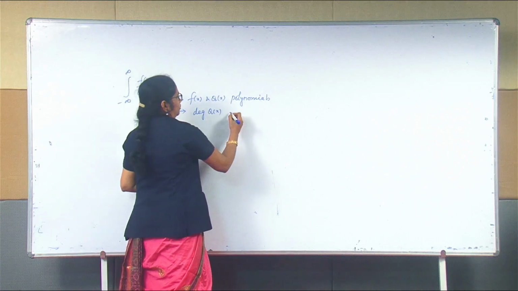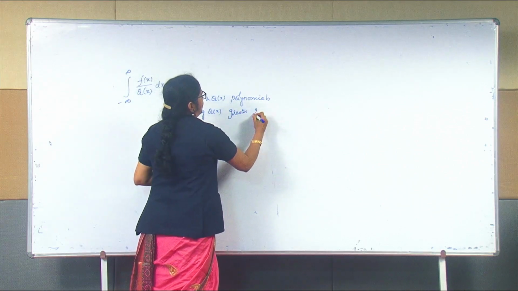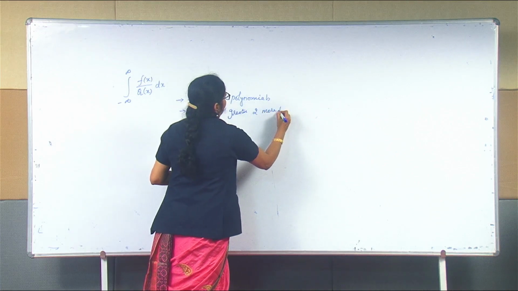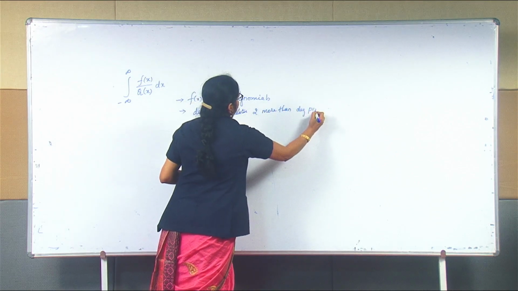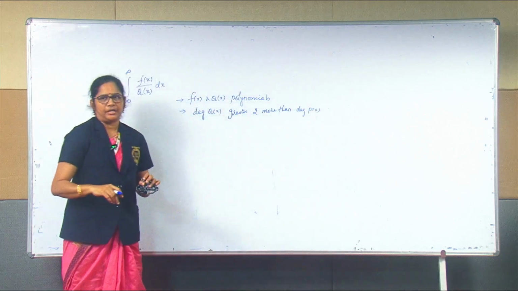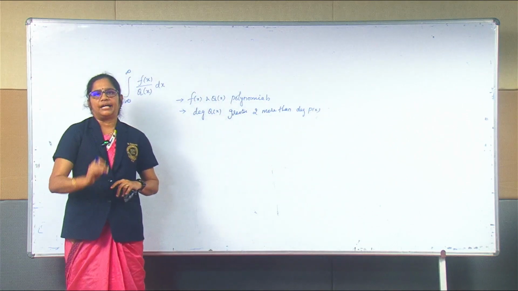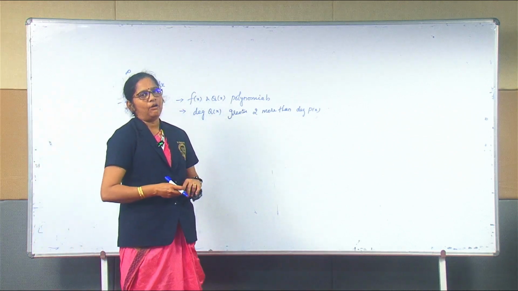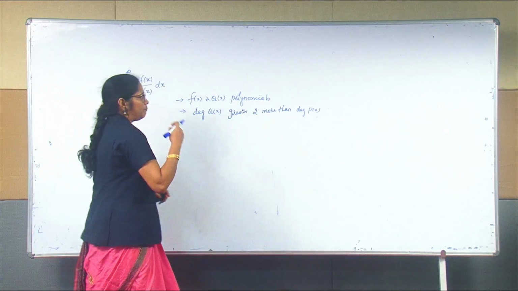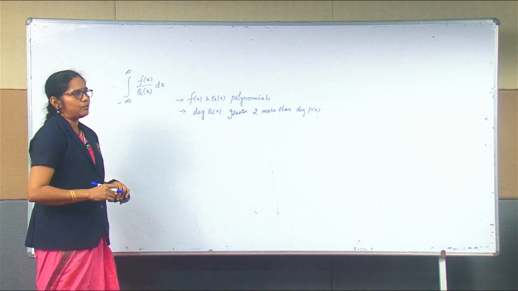The denominator degree is at least 2 more than the degree of p of x. One more condition, the denominator should not vanish in any real x, which means that the denominator should not have any real roots.